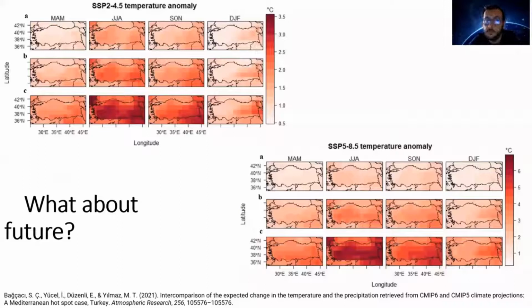When we look at the results of a recent study, we are not only interested in the observed period, but when we look at the future period, we can also see the temperature anomaly in a positive way, which means whatever the scenario is, the temperature is going to increase, especially in summer and autumn months. So we'll take action.